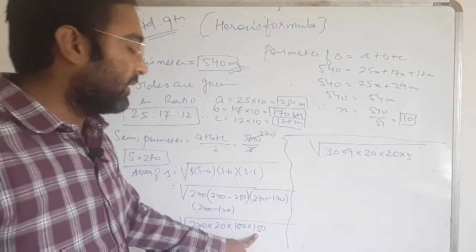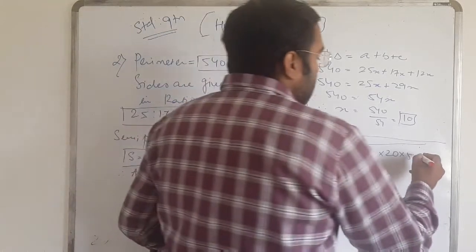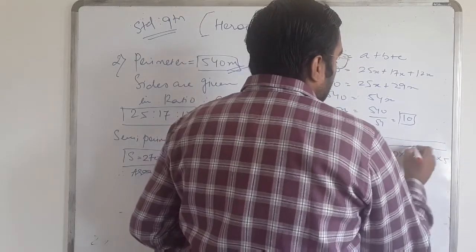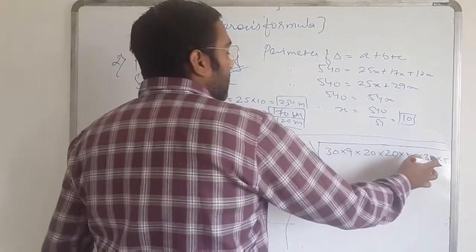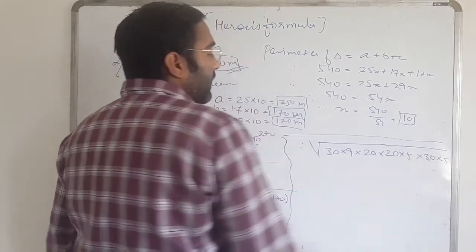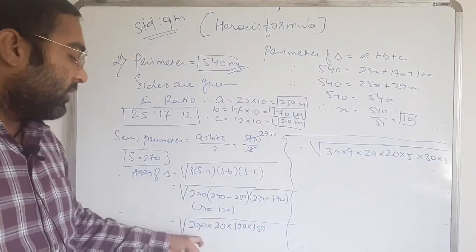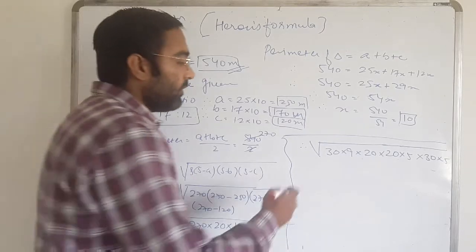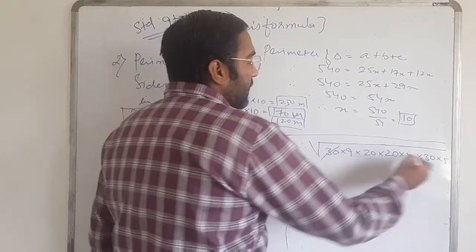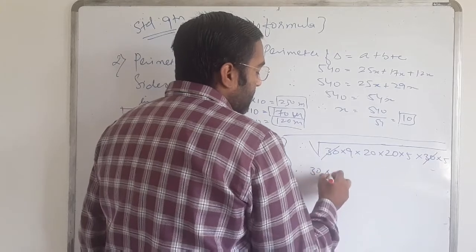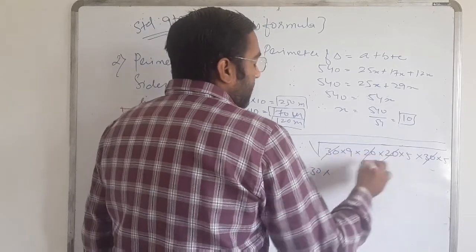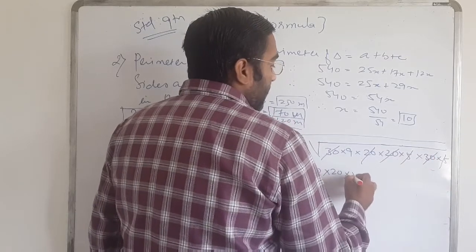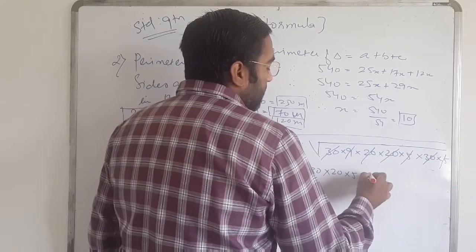Now 150, that is 6 into 25, that is also easy for me to split and take a common 30 from that, because I split 270 as 30 into 9. So the pair of 30, one of them is taken out, the pair of 20, one of the pair is taken out, the pair of 5 is also taken out, and the last one is the square root of 9, that is 3.